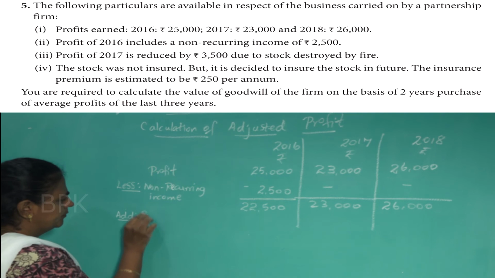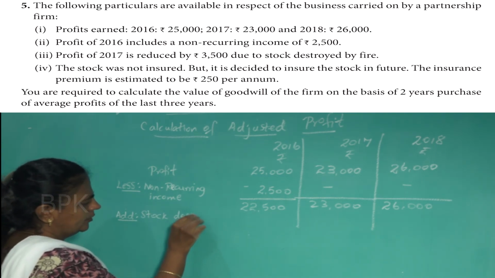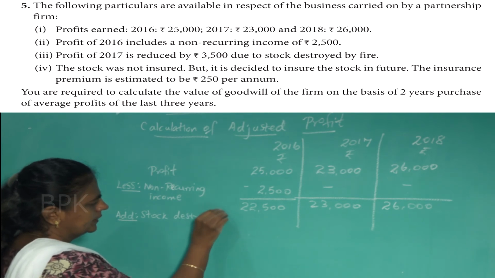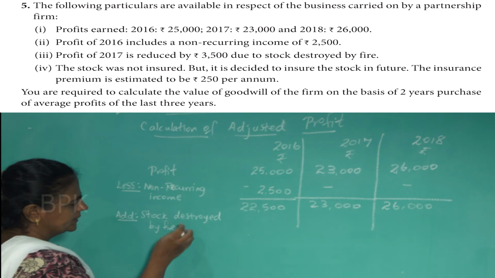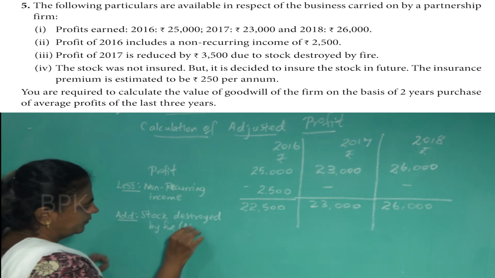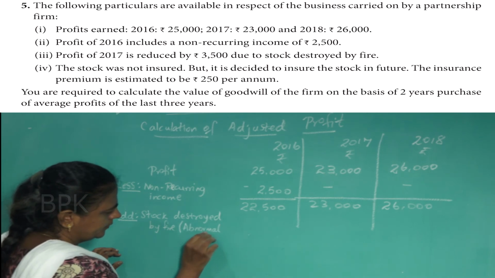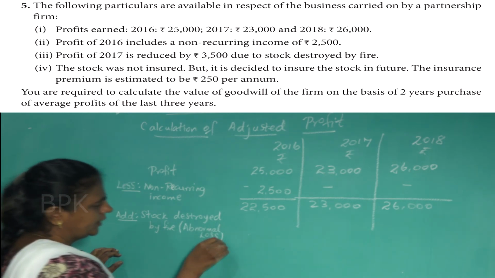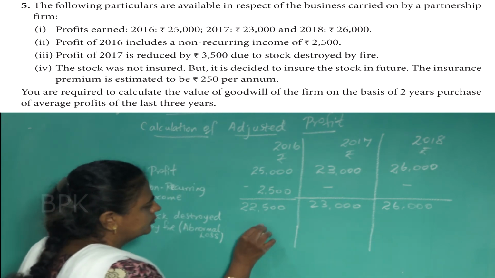Add stock destroyed by fire. It is an abnormal loss. So, abnormal loss, what you have to do? You have to add. So, it is for 2017.